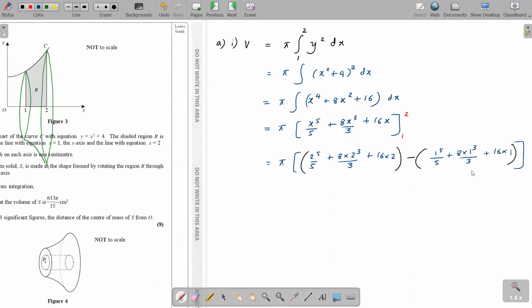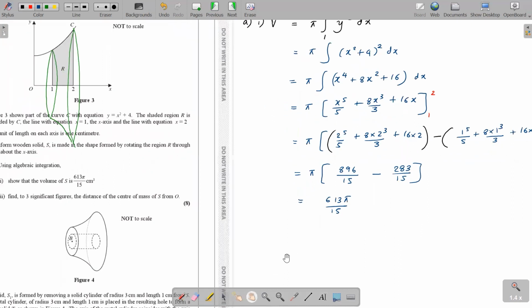How much is this? It's 896 over 15, the other part minus, how much? 283 over 15. Subtract 283 over 15 from 896 over 15 and we get 613 pi over 15. Are you okay with that? That's to show that for part A.